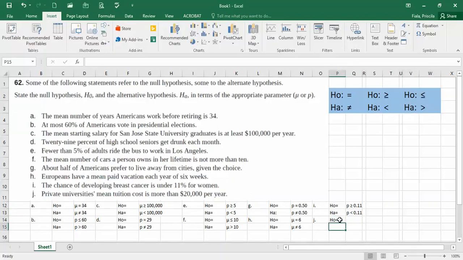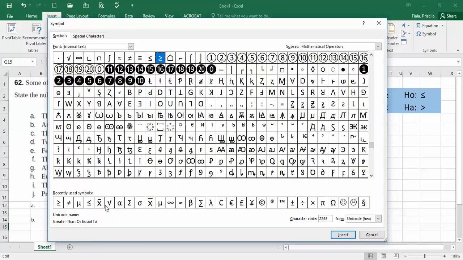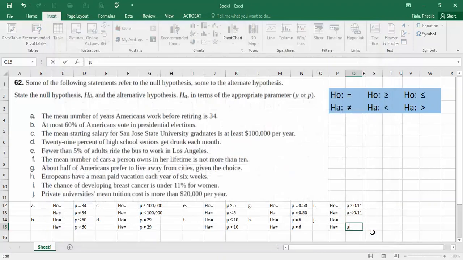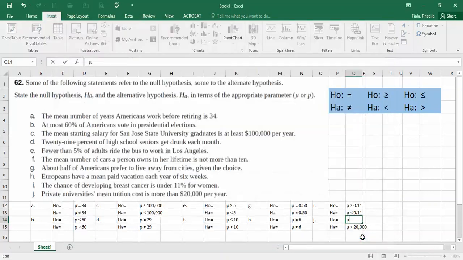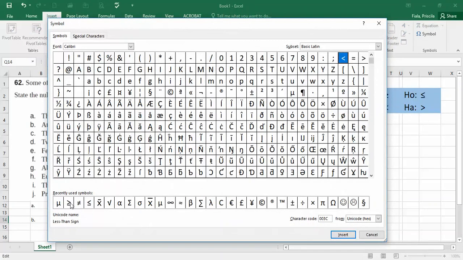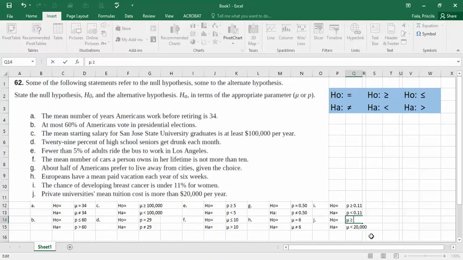Therefore, if your alternative is the mean is more than 20,000, your null hypothesis is your mean has to be less than or equal to 20,000, since the null hypothesis holds the equal sign. There you go.